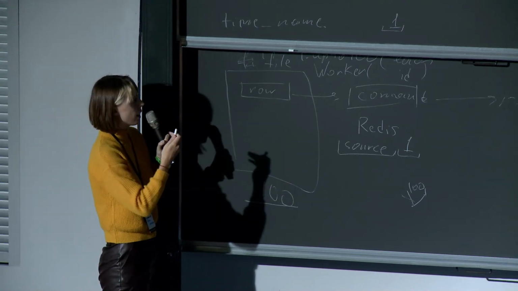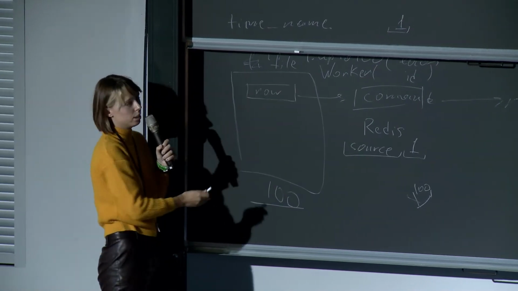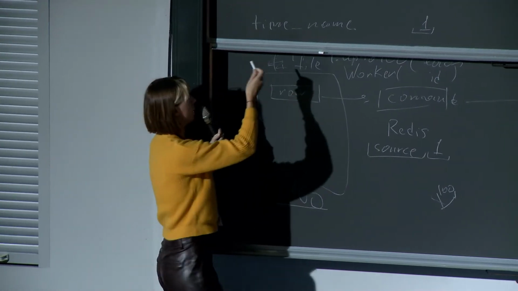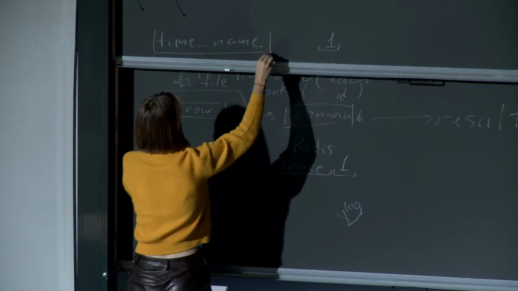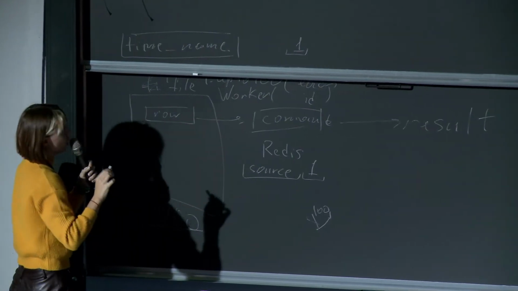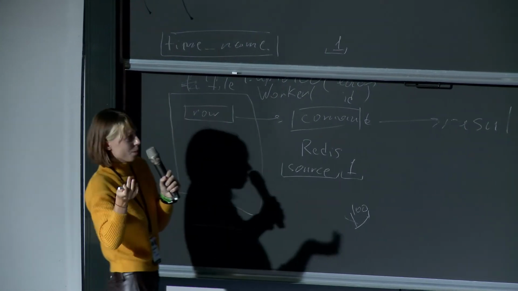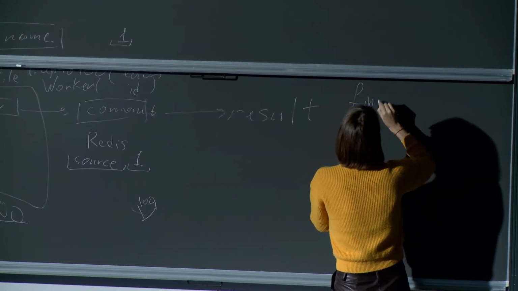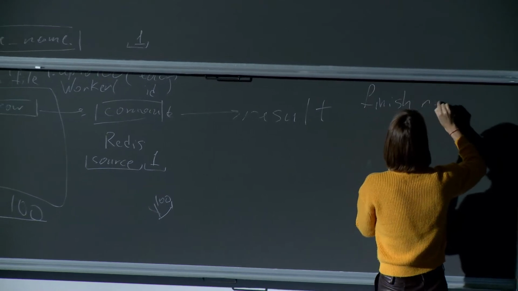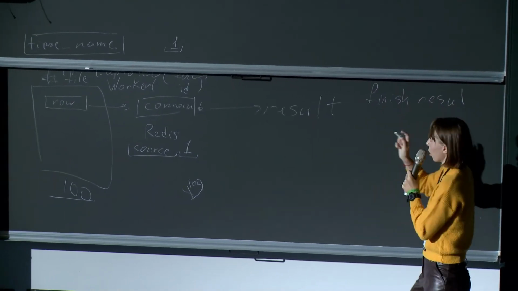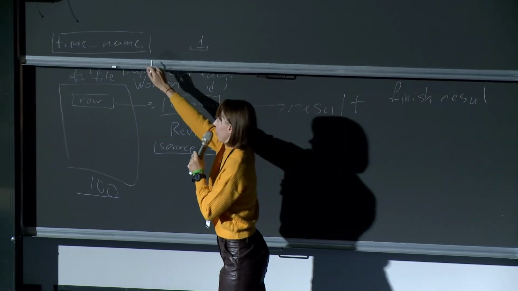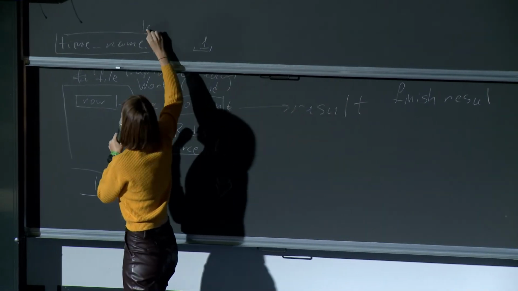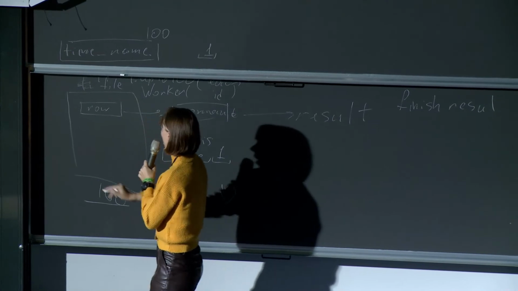But I set a callback for the whole batch, and it knows the unique source name. So in the callback, I write one more worker, why not? A finish result worker, which knows this unique name, and knows that we have 100 rows in our file.